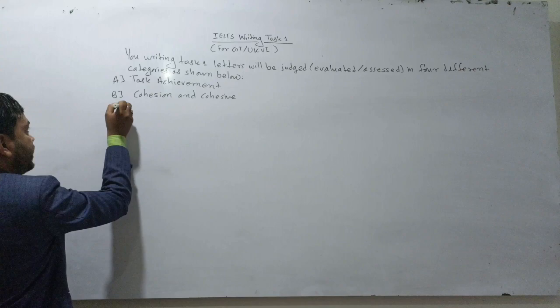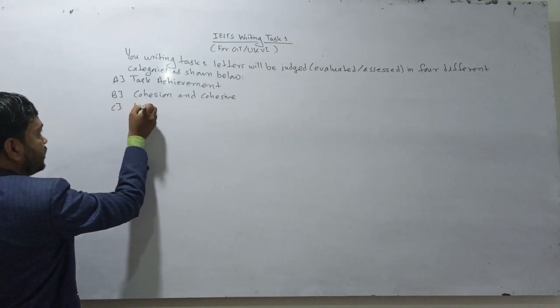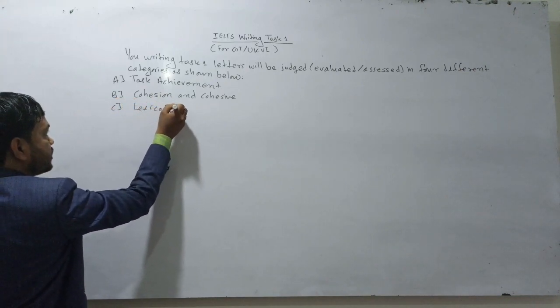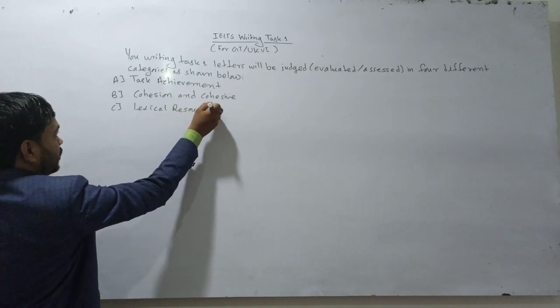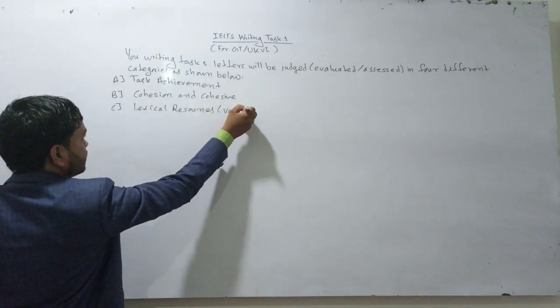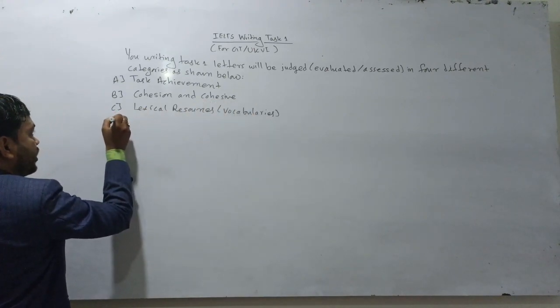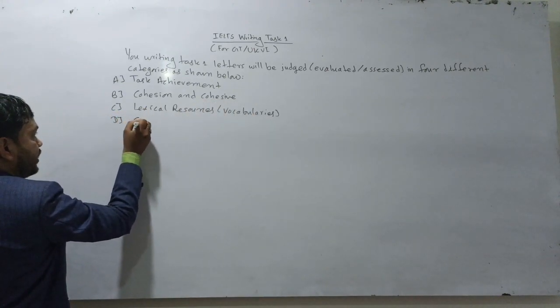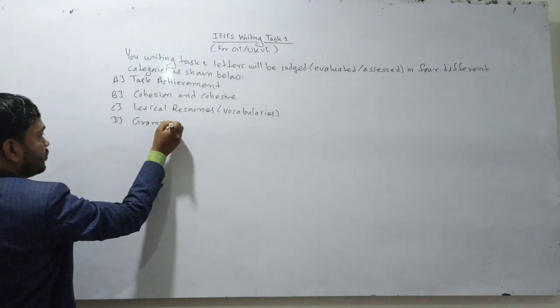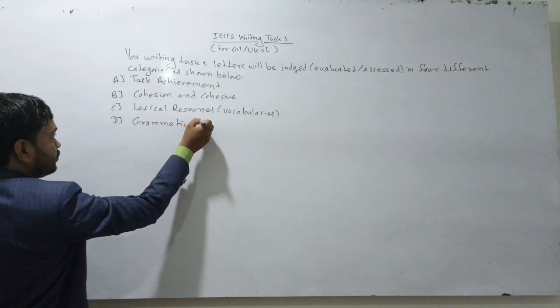Okay, all the meaning I provide you here. C is called lexical resources, that means vocabularies. And D, at last, is called grammatical range and accuracy.